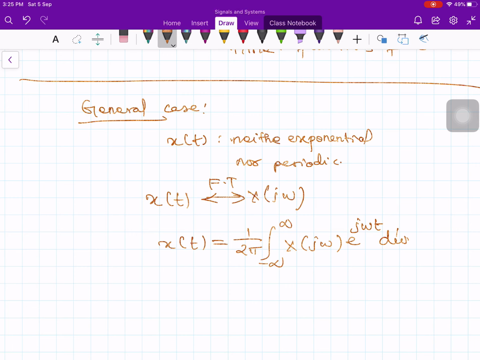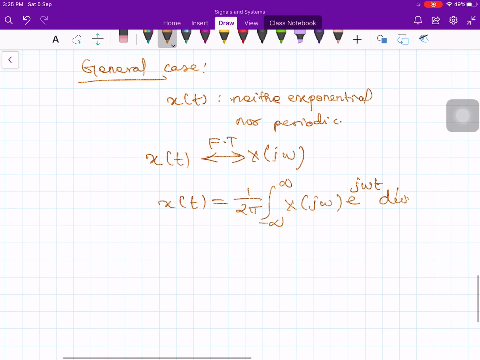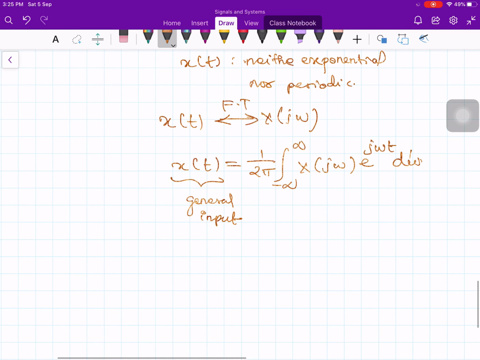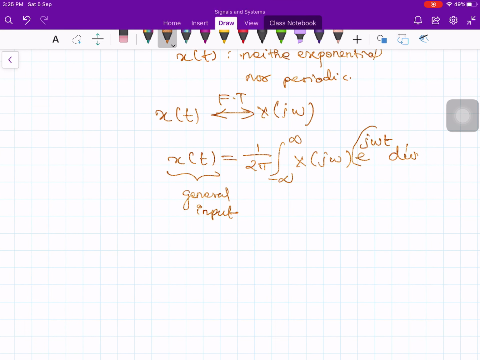So if you have a general input, neither exponential nor sinusoidal, then it can be thought of as a summation of elementary signals of this type, each with an amplitude like x of j omega times d omega. Therefore this integration I can write in terms of summation, with d omega running from minus infinity to plus infinity.